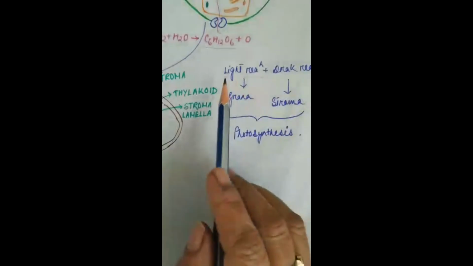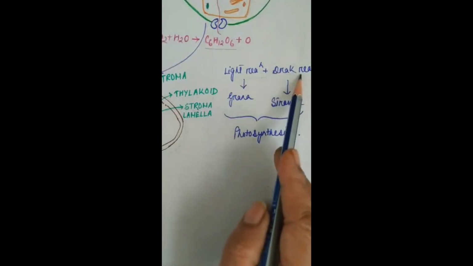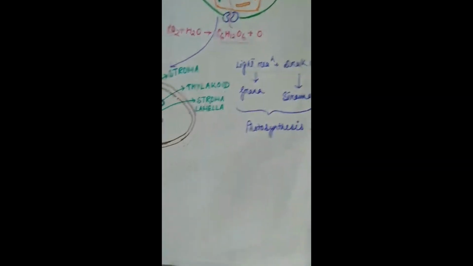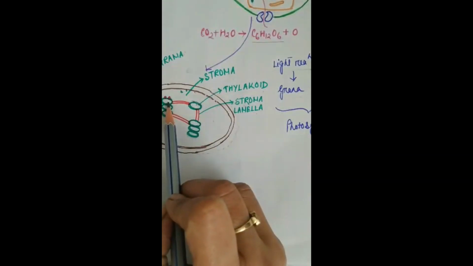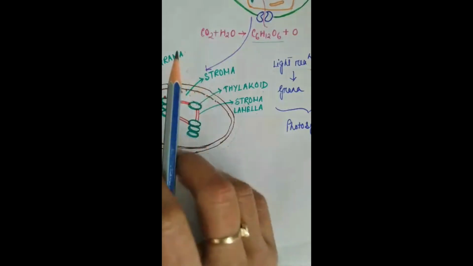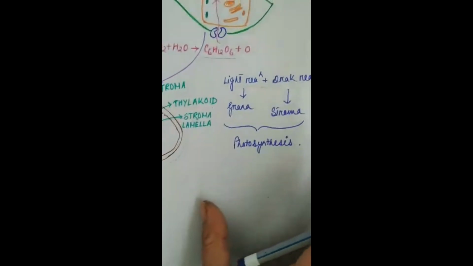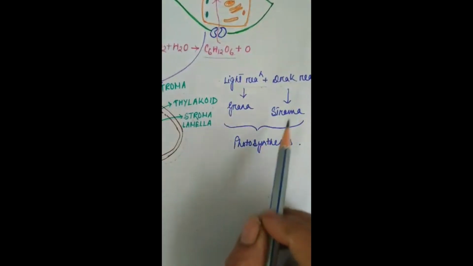That's why the light reaction takes place in grana, whereas the dark reaction, the second part of photosynthesis, takes place in the stroma portion, here. So here the light reaction takes place and here the dark reaction takes place. It means as a whole the photosynthesis takes place in chloroplast. So light reaction plus dark reaction is equal to photosynthesis.